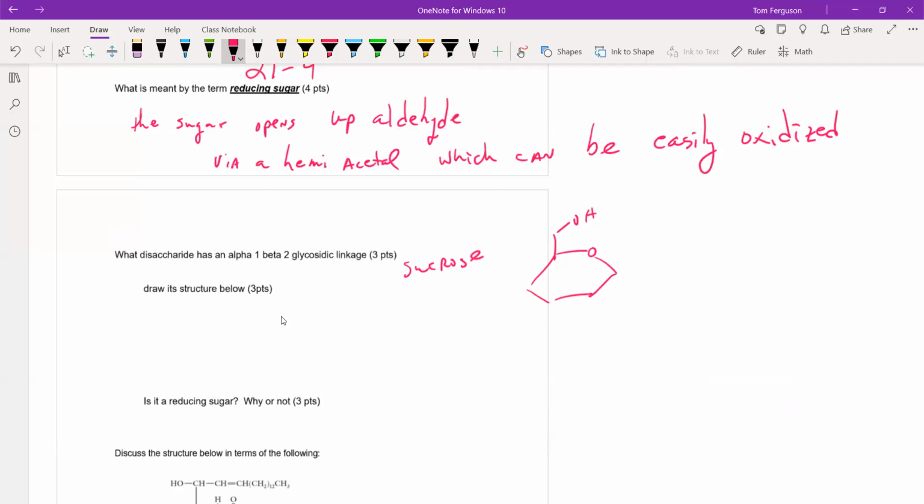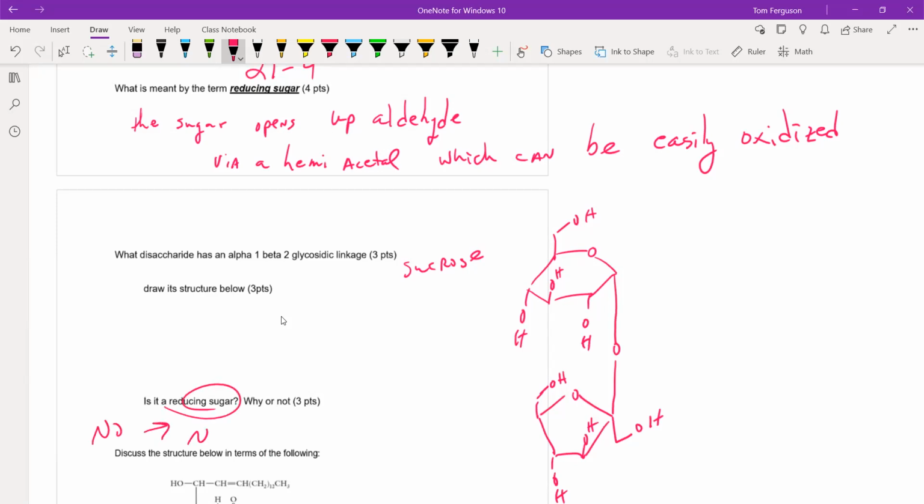So glucose goes on the top, fructose goes on the bottom. Is it a reducing sugar?